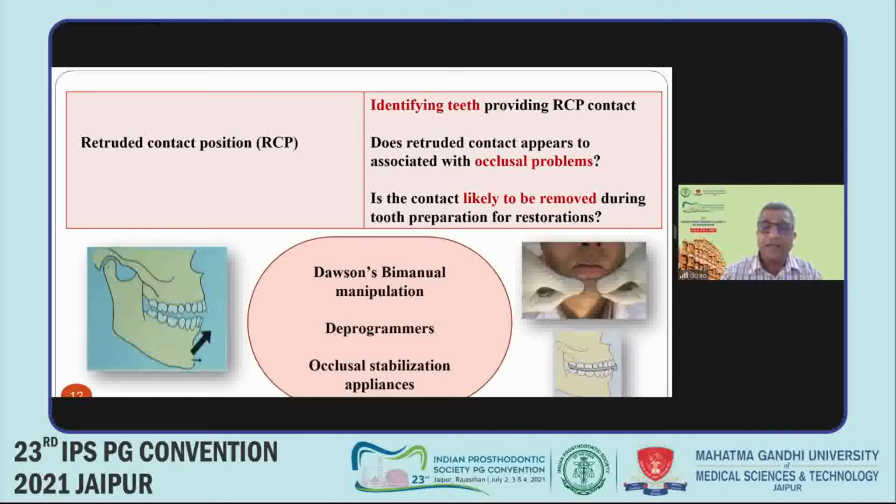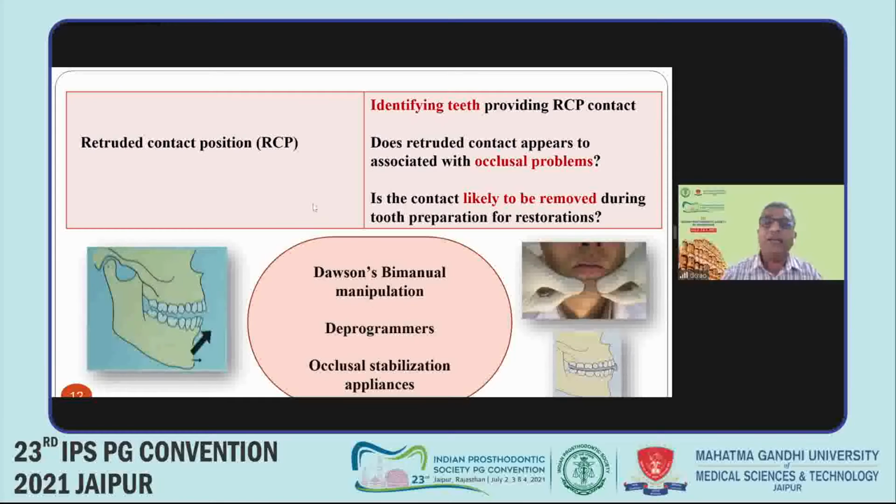Still, you can guide the mandible using the techniques you are seeing, and identify the first contact in the retruded contact position. You instruct the patient to stop there, but if it is very difficult, you can deprogram or use occlusal stabilization appliances to arrive at a retruded contact position.